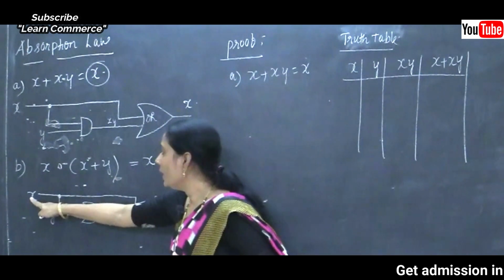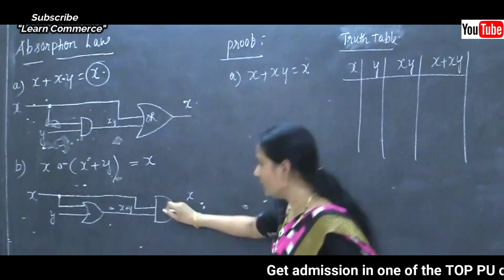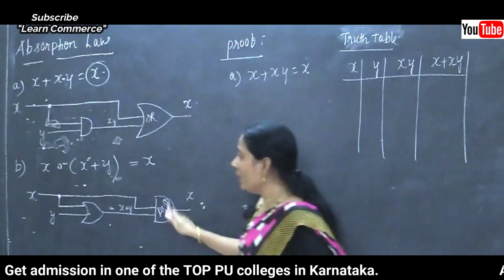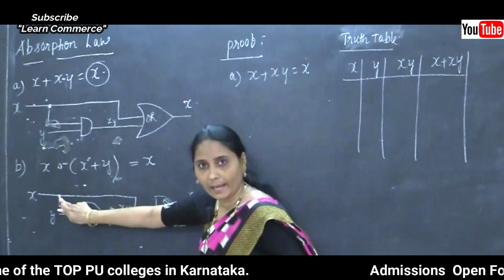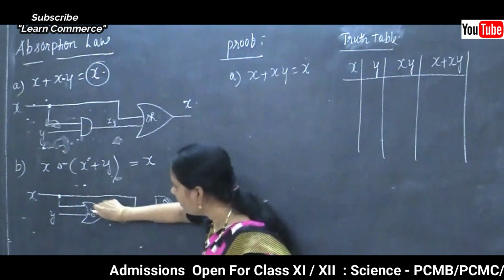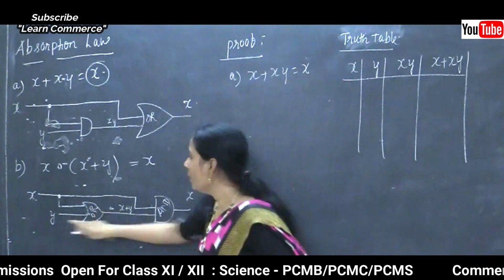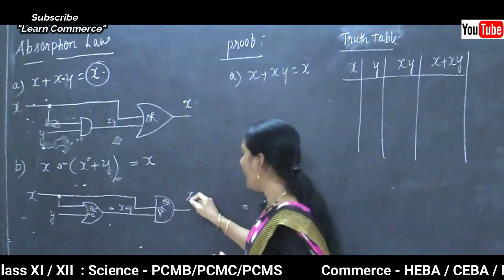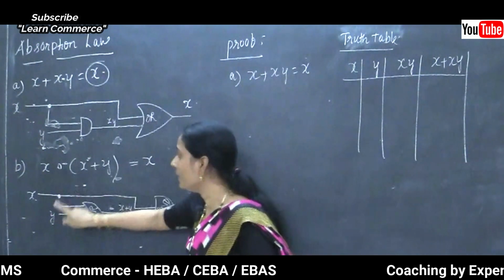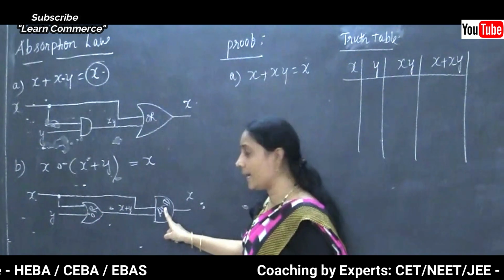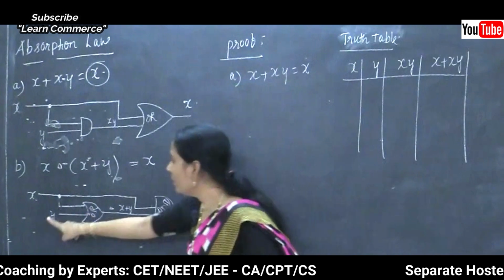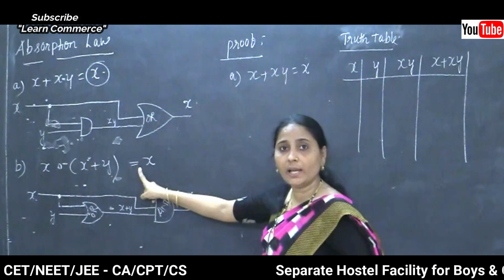First of all, x, and this is our AND operator, and again we need to connect to the x line, x plus, that is OR, y, that is equal to the x result only. Clear this point? So how we completed this symbol: x dot, and x plus means OR y, that is equal to x.